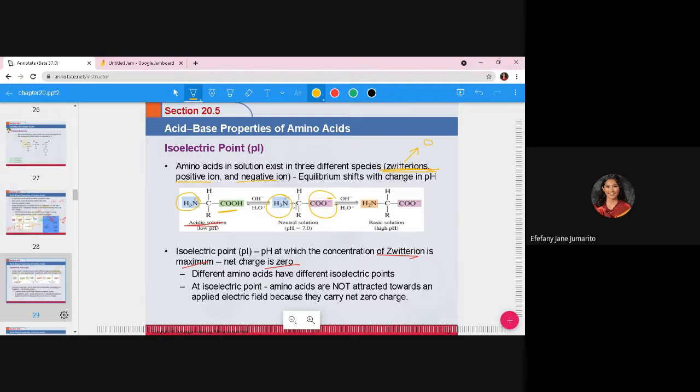Now what is the net charge here in acidic solution? It's positive 1, only 1. Here, it's 0. Now, what about under basic solution? What will happen?